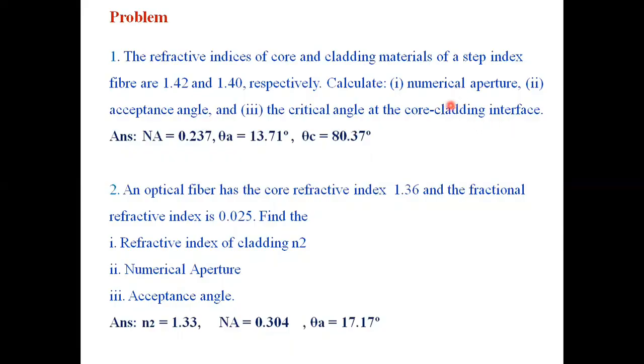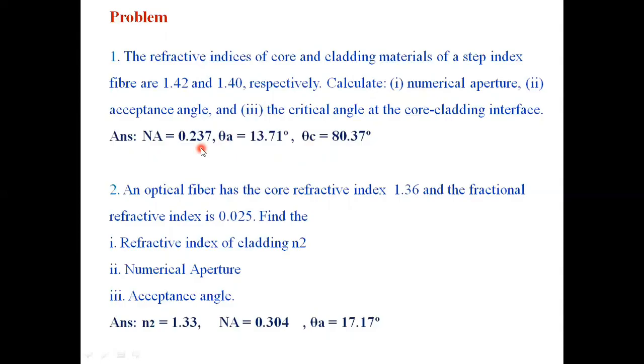As we know already, numerical aperture NA equals square root of n1 square minus n2 square. Acceptance angle theta A equals sine inverse of numerical aperture. Critical angle theta C equals sine inverse of n2 by n1. Based on the formulas given here, you can find out the numerical aperture, theta A, and theta C.